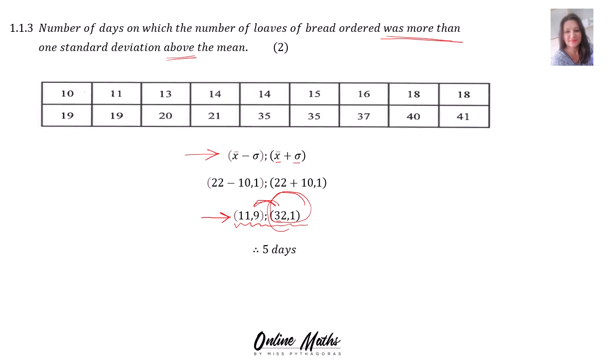So when we go to our data, 32,1 will be somewhere there. So how many days are above that? All these values here. So count the days: 1, 2, 3, 4, 5. This is why your answer is 5 days. Worth 2 marks. You don't need the calculation there, but this is how I got to the answer.